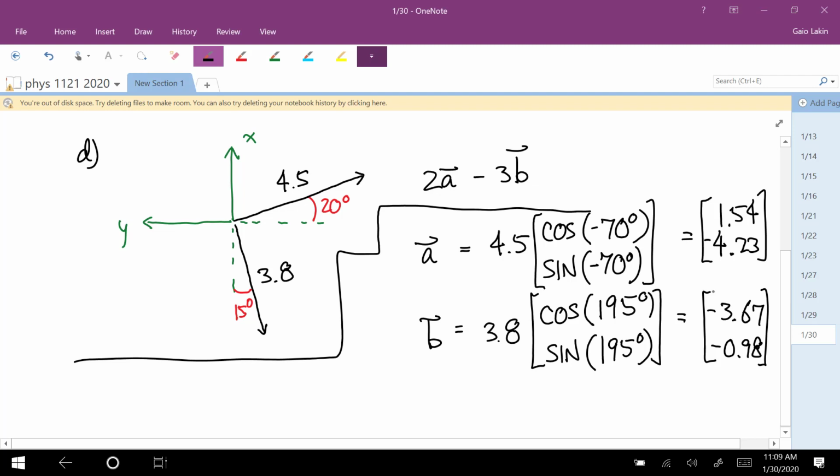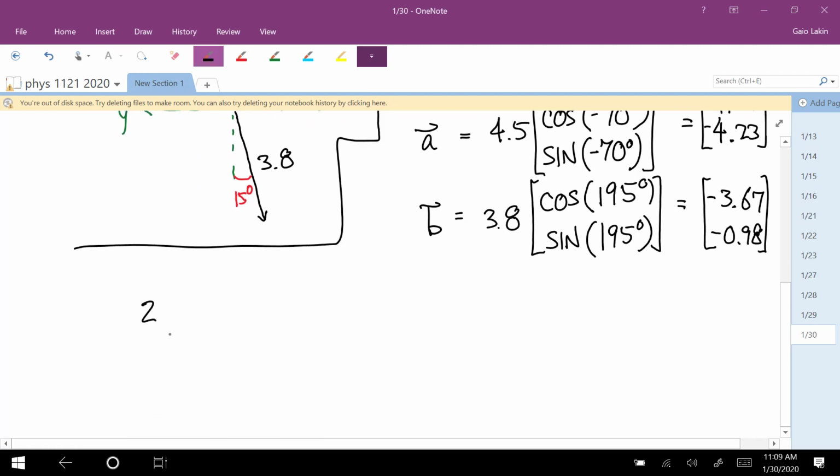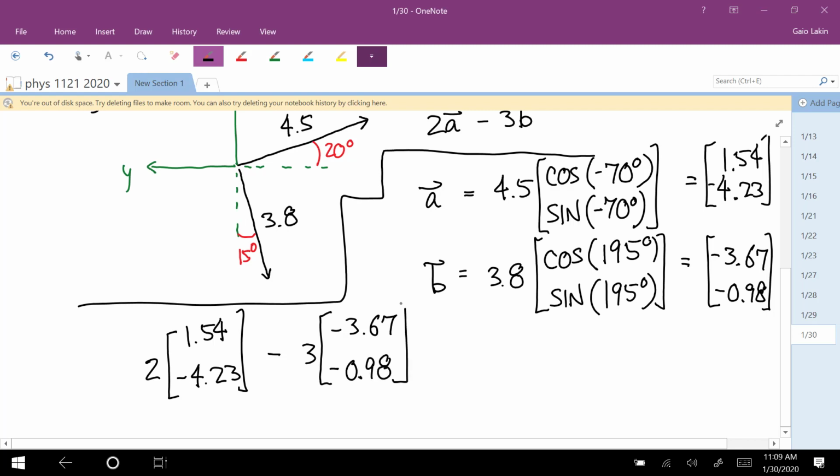And now that we have those, we're just going to go 2 times (1.54, negative 4.23) minus 3 times (negative 3.67, negative 0.98).